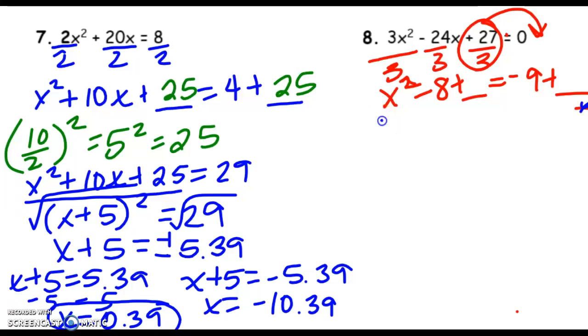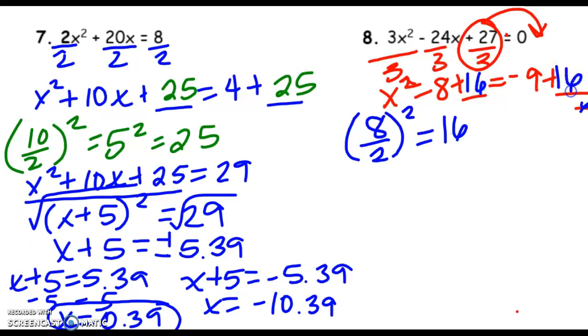I'm going to do 8 divided by 2, quantity squared. That would be 16, because 4 squared is 16. Add those to both sides. And then I'm going to go back to my original equation, which is x squared minus 8x plus 16 is equal to 7.